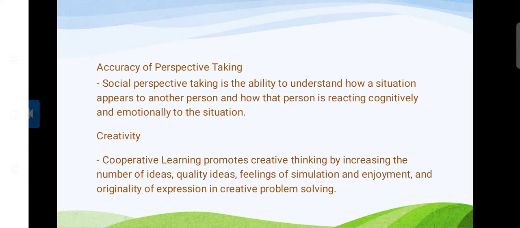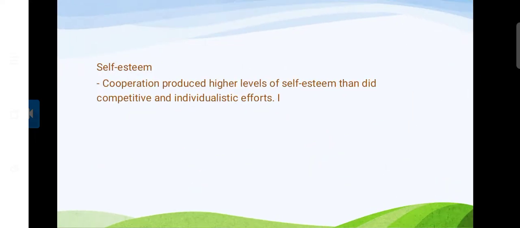Creativity: cooperative learning promotes creative thinking by increasing the number of ideas, quality of ideas, feelings of stimulation and enjoyment, and originality of expression in creative problem solving. Self-esteem: cooperation produced higher levels of self-esteem than did competitive and individualistic efforts.